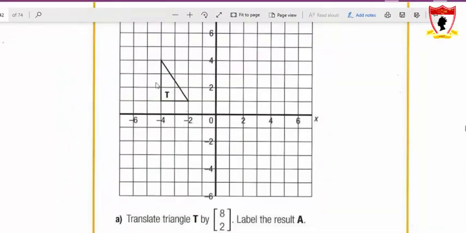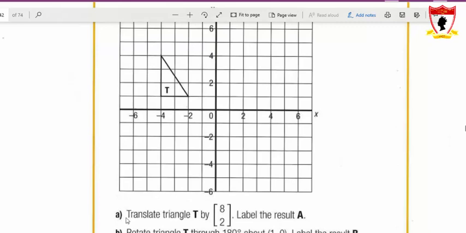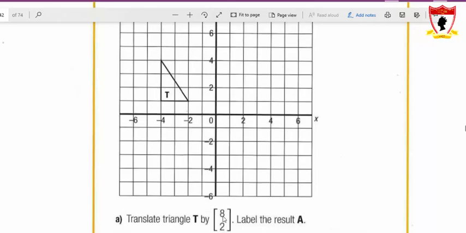Now we have this triangle T, and we need to translate it by 8, 2. The first number stands for x, the second number stands for y. Since this 8 is positive, it means we need to go to the right side, because on the right side of the x-axis the numbers are positive, on the left side the numbers are negative.